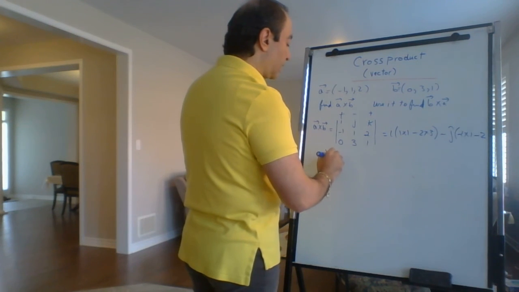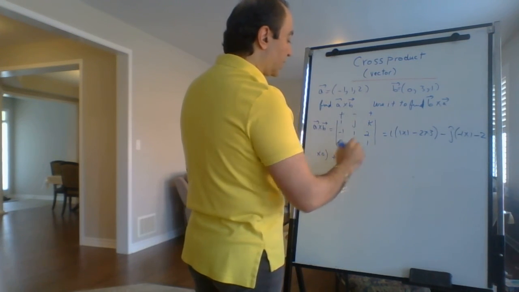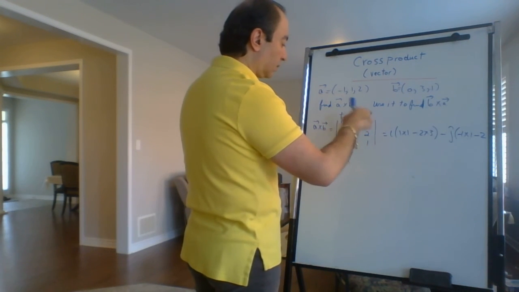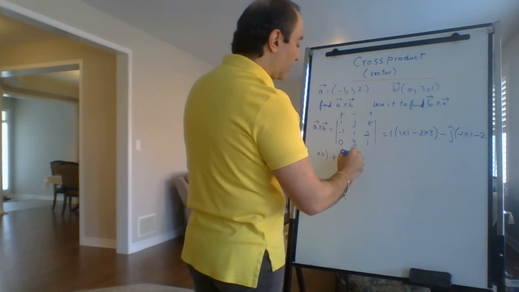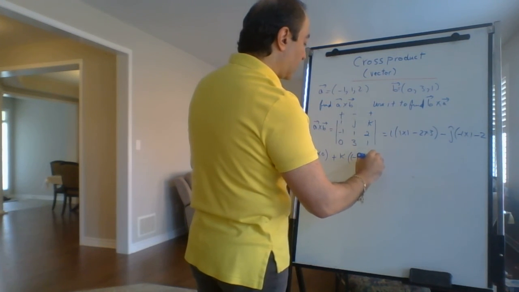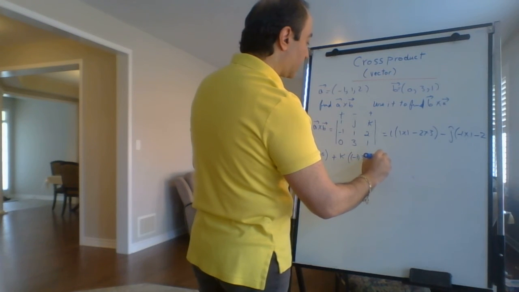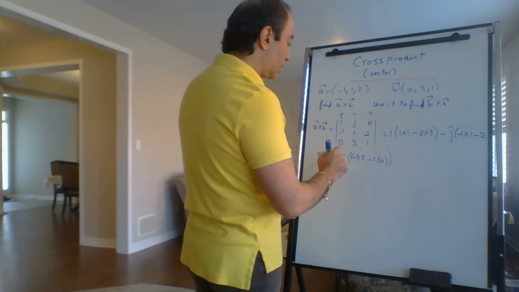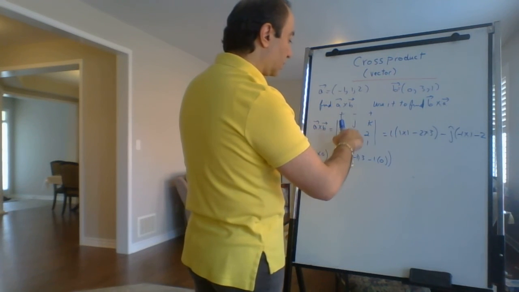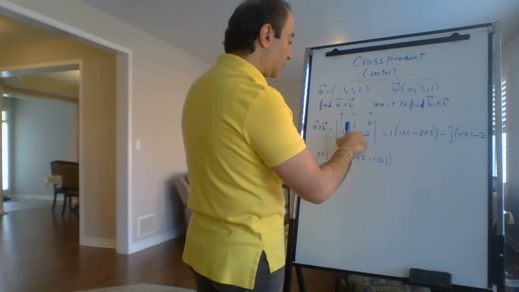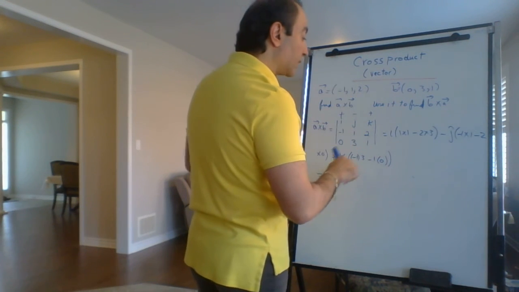Okay, plus k, ignore this row and column, so that will be negative 1 times 3 minus 1 times 0. I hope I didn't make mistakes. Yes, I didn't make mistakes.